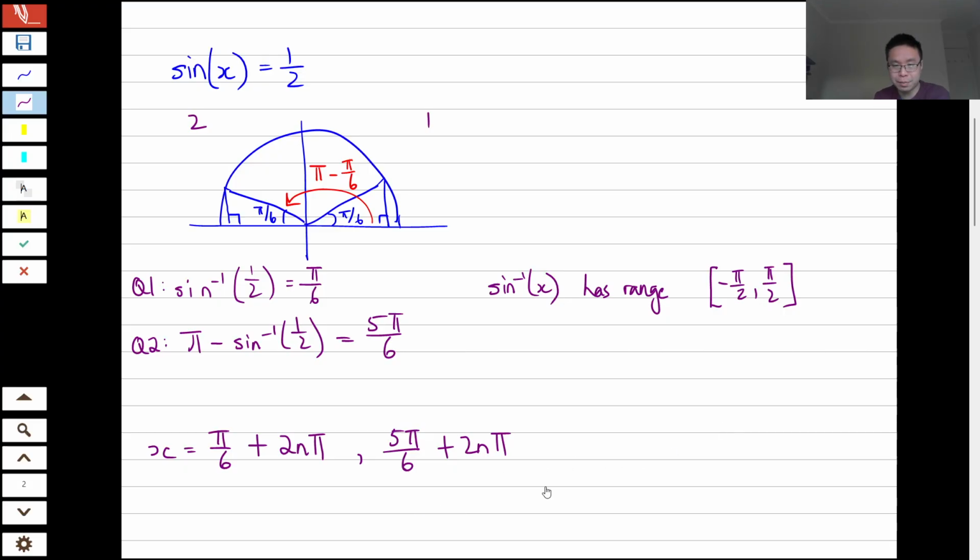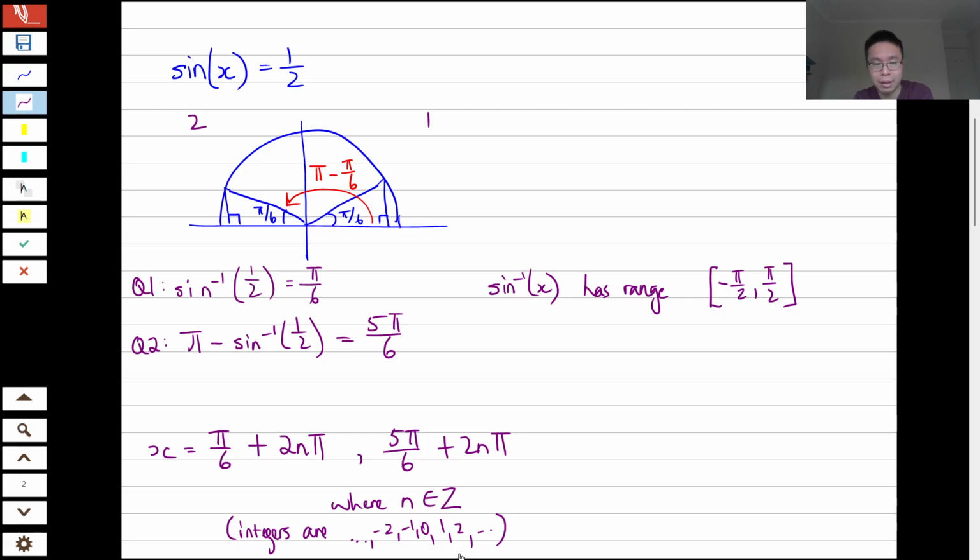Now what's n? n is an integer. And the integers are all the positive and negative whole numbers. So I'll say negative 2, negative 1, 0, 1, 2, dot, dot, dot in both directions. And Z is the set of integers.